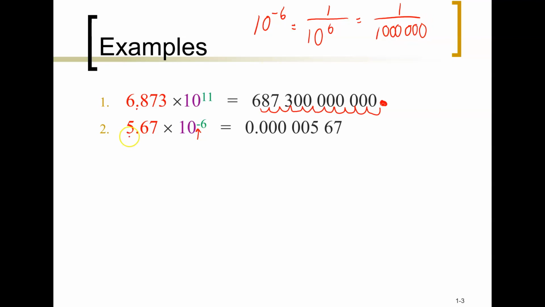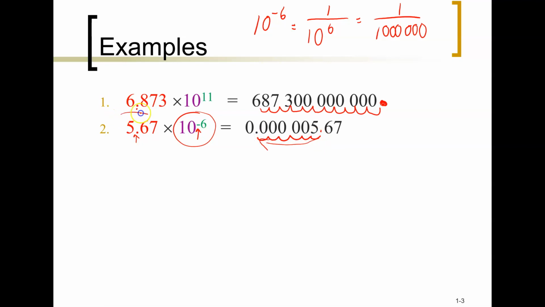So the value 5.67 is actually multiplied by 1 millionth. And so the decimal is actually 6 places back this way from here. Originally, in the scientific notation form, it sits there, but this converts it to 6 places to the left of there. 1, 2, 3, 4, 5, 6.